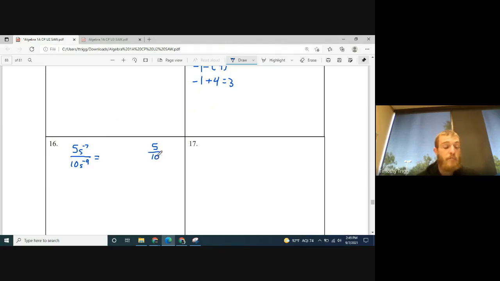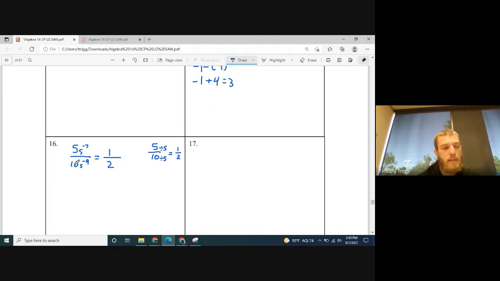How could we reduce that fraction? Well, hopefully you can see that these 5 and 10 have a common divisor of 5. So you can divide both top and bottom by 5 to reduce this fraction. That gives us 1/2, which makes sense because 5 is half of 10. So reducing the 5 over 10, that already gives us 1/2.